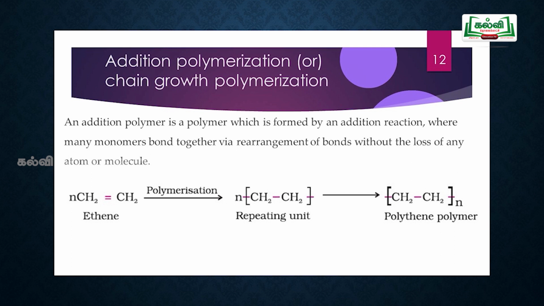N molecules of ethylene on polymerization give polyethylene. The molecules are added together and nothing is eliminated. Such polymerization is called addition polymerization or chain growth polymerization.